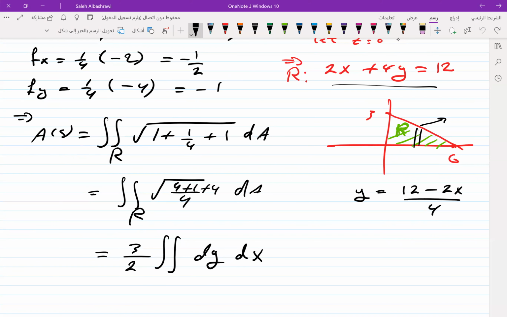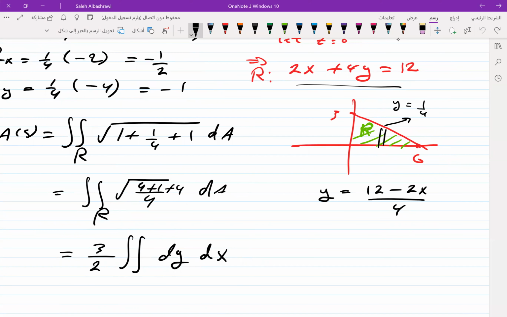So this line is y equal to 1 over 4 multiplied by 12 minus 2x, and the lower limit is 0.